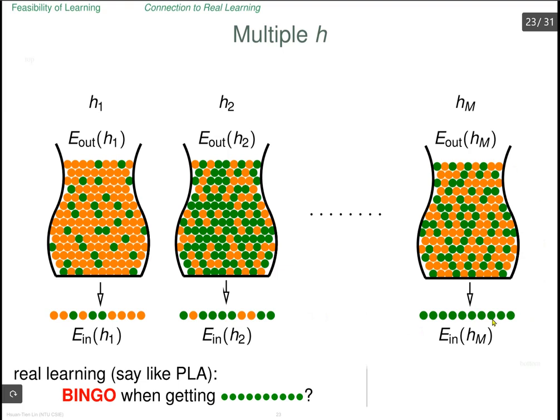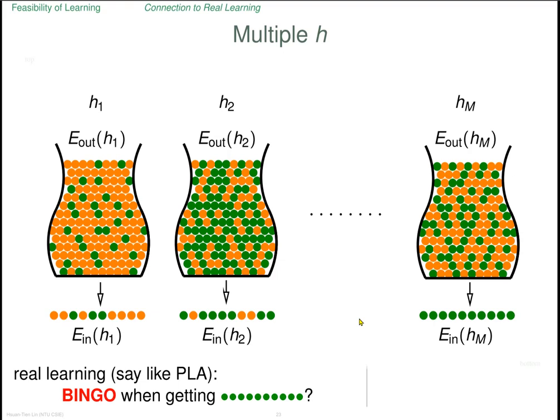Eventually, one of the hypotheses will get us all green. If one of the hypotheses gets all green, we simply select that hypothesis and declare that our HM, for instance, approximates the target function. However, there is a problem with this selection, and Hoeffding's inequality may not be valid when we extend to multiple bin cases.